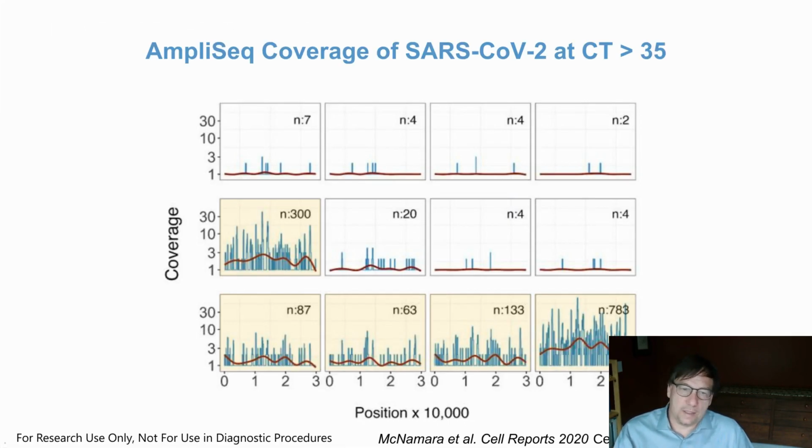We did get a lot of samples with a CT greater than 35, and here's an example of 12 of them. Now, obviously, there is background, and the white ones I would classify as random maps, and we don't know if that's library prep or bioinformatics.